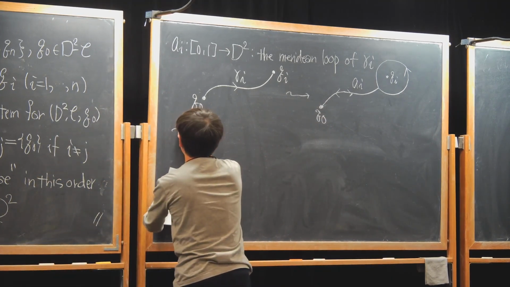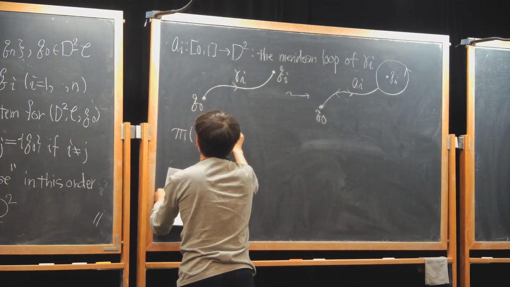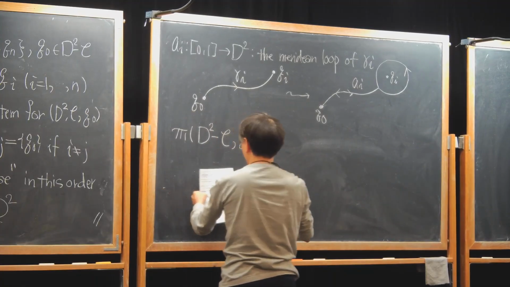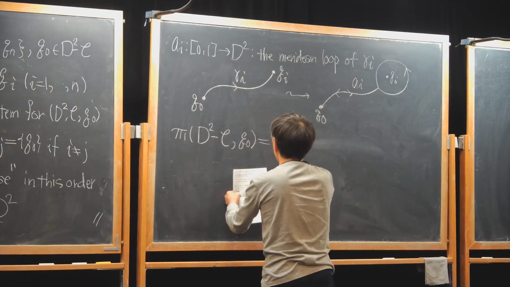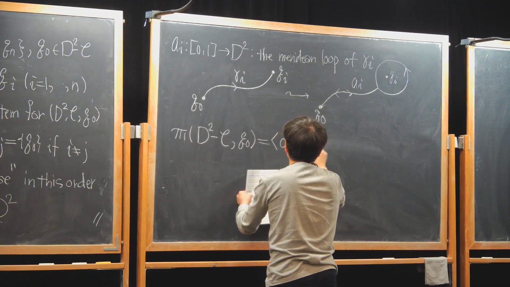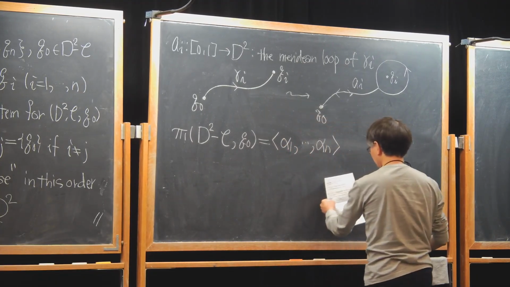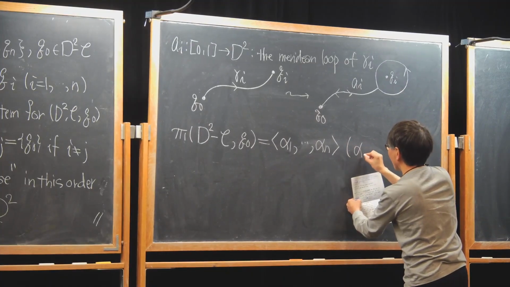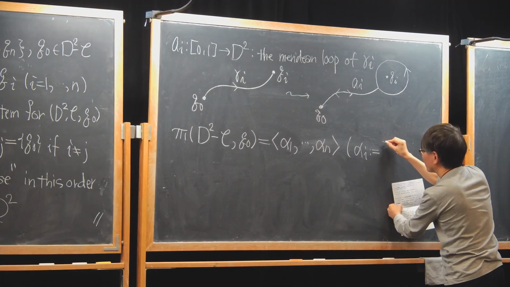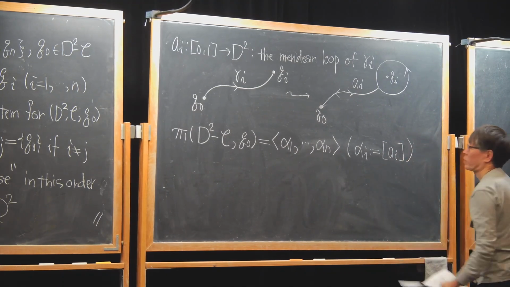Then the fundamental group of D2 minus C based at Q0 is the free group generated by n elements, alpha 1 to alpha n. Here, alpha i is the homotopy class of a_i. Okay?